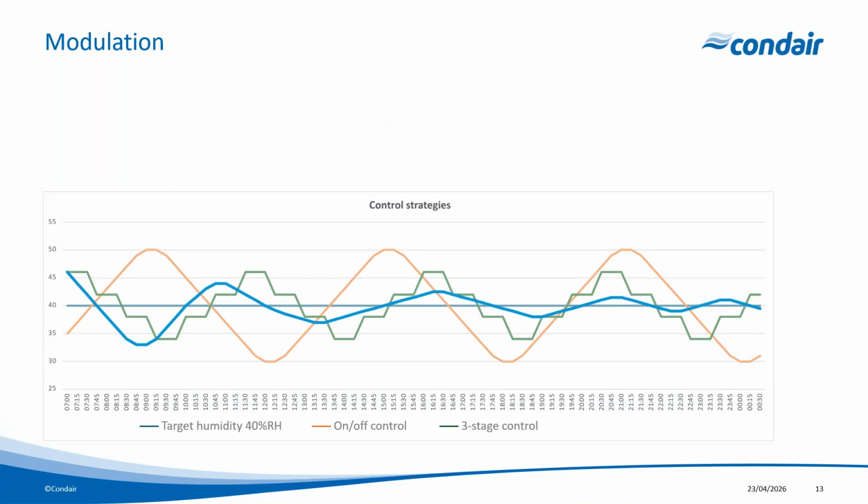When we put modulating control in, we can send a control signal to the humidifier, and we can pulse current to the heating elements at a rate relative to the control signal. That will give me a fully modulating unit that will modulate between 0 and 100% of its output, and will rapidly react to a changing environment.